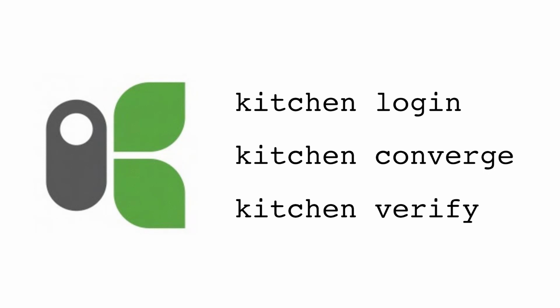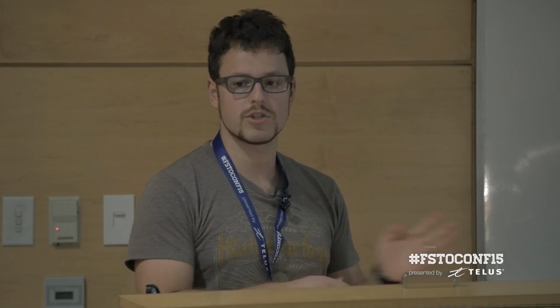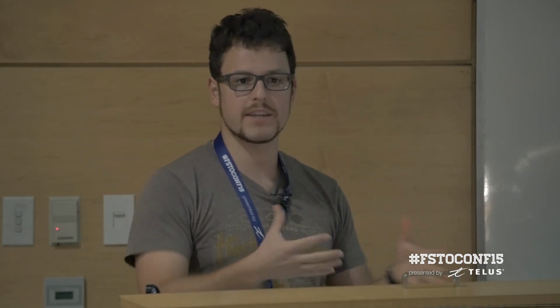And converge, again, will work with Ansible and SaltStack and whatever. And verify. Verify is the step in Test Kitchen that runs the tests. So anytime we're going to be making changes to the cookbook, we're going to have to run a kitchen converge to get the machine back into the state that we expect it to be in.